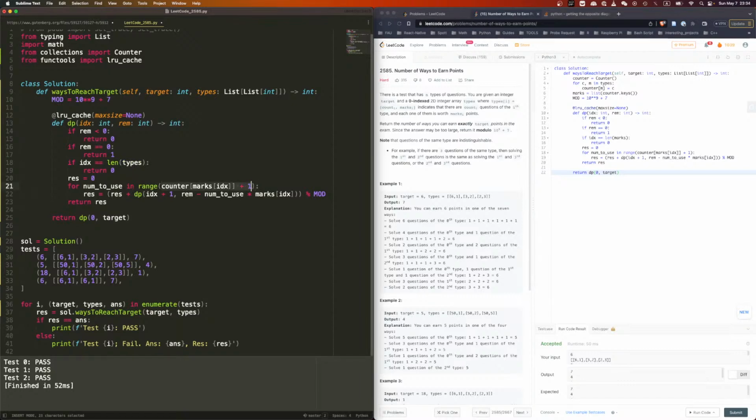Okay, so what we have is types index 0 plus 1, types index 1.